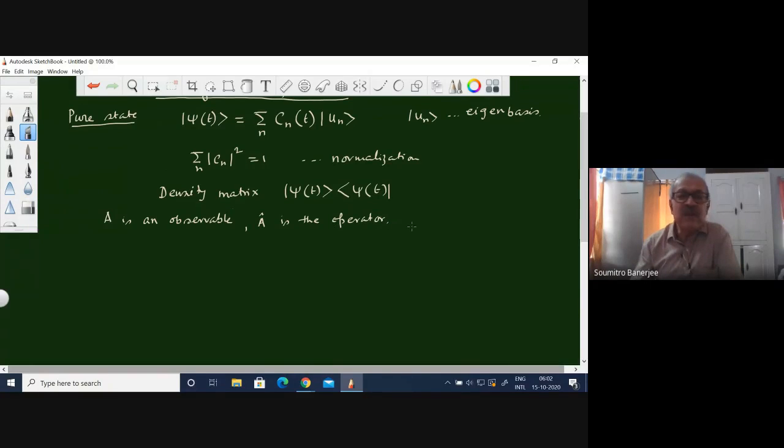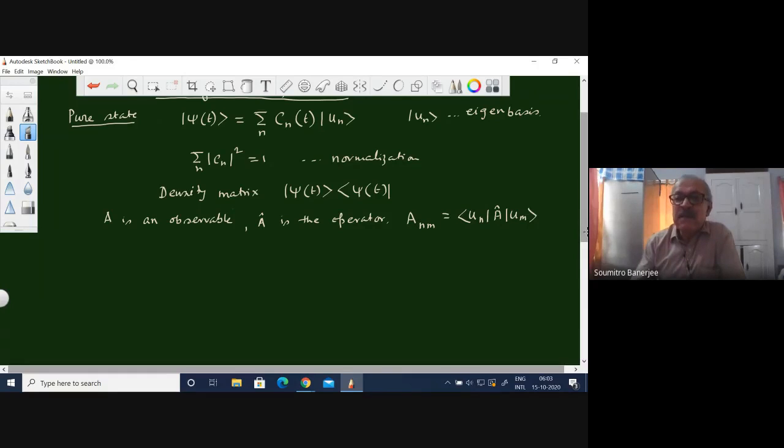So you know that your A_nm is to be obtained in terms of the u's, which are the eigenbases, u_n A operator u_m. This is the nm element of the operator.